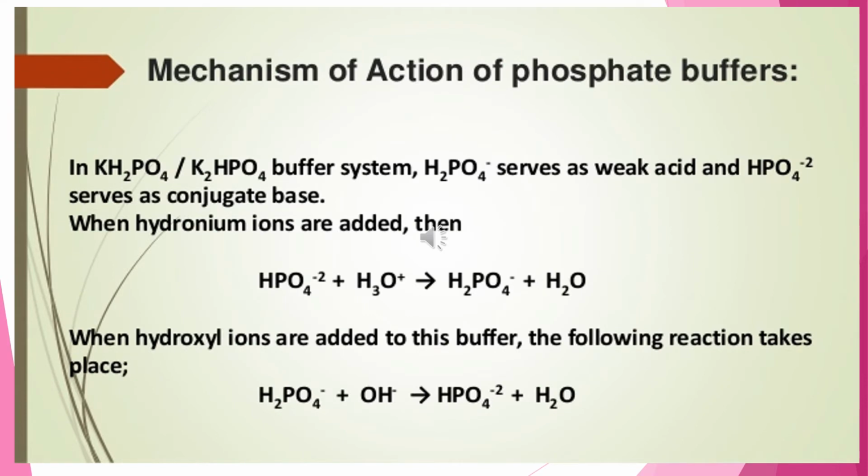Mechanism of action of the phosphate buffer: in the KH2PO4 and K2HPO4 buffer system, H2PO4 serves as a weak acid and HPO4 serves as its conjugate base. When hydronium ions are added, HPO4 plus H3O produces H2PO4 plus H2O. When hydroxyl ions are added to this buffer, the following reaction takes place: H2PO4 plus OH produces HPO4 plus H2O.